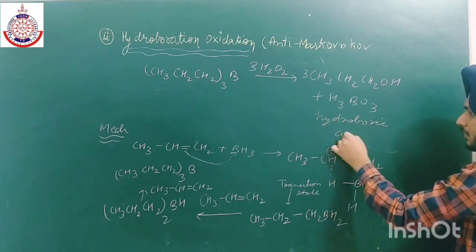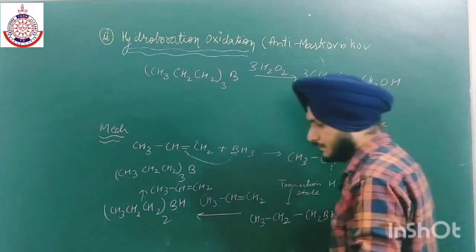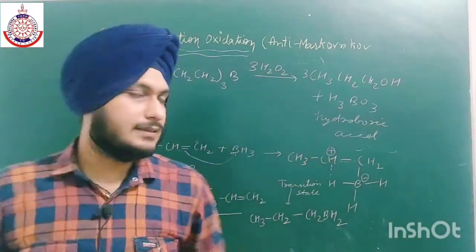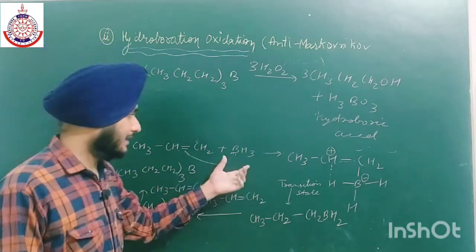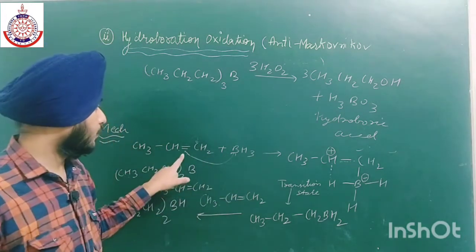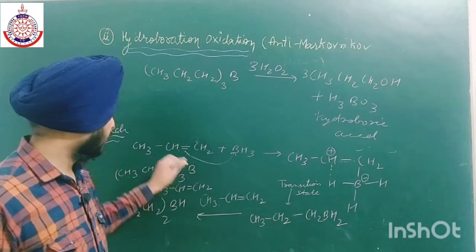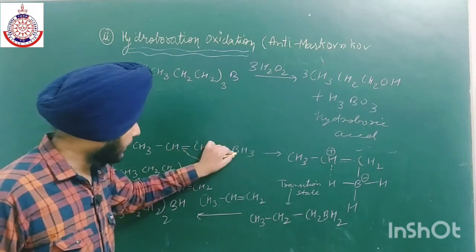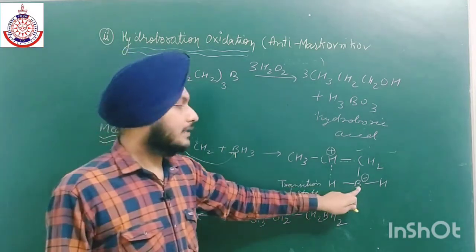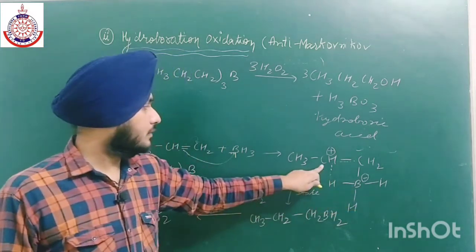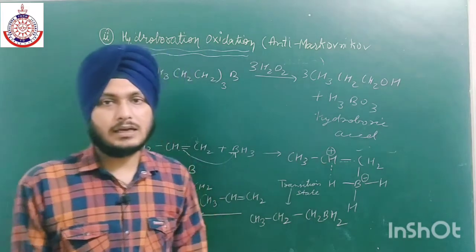Again, the first step is the reaction of BH3, which acts as an electron deficient species, as an electrophile. This double bond will attract this electrophile, and we will get a negative charge on the boron and a 2 degree carbocation is formed.